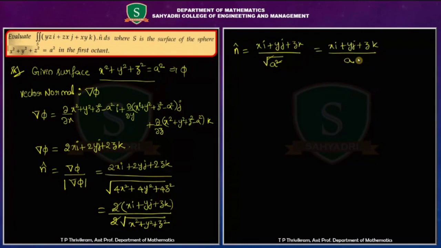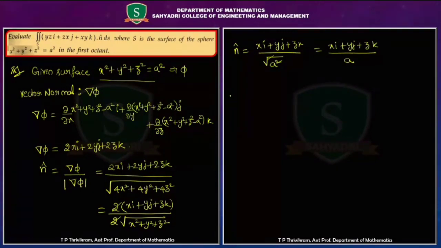Now, surface integral means only 2 dimensions should be there, so you have to remove either the z value, y value or x value. Since he has told that it is in the first octant, we have to project that on the xy plane.